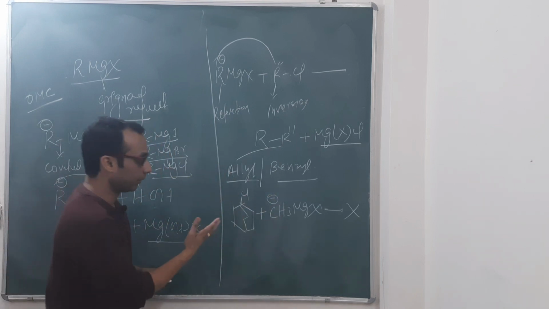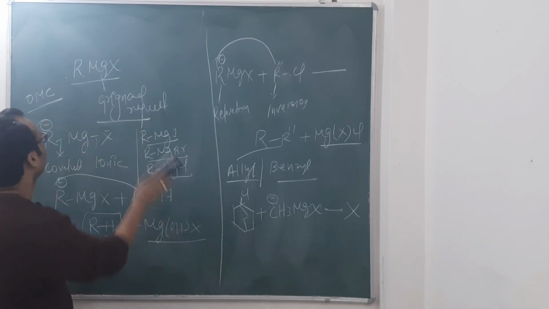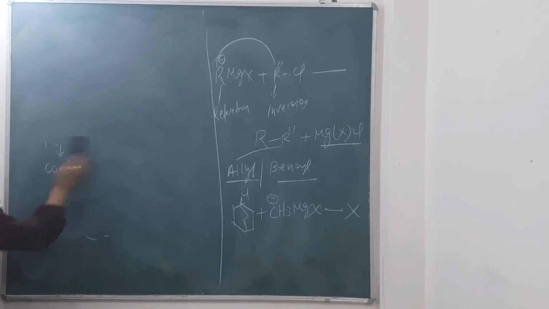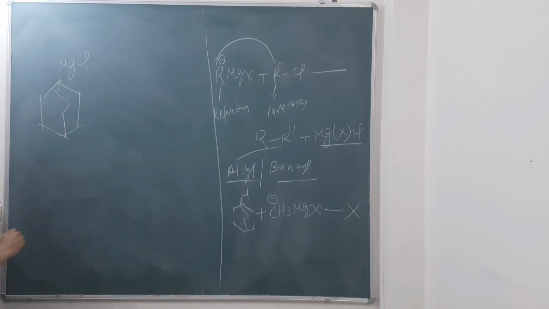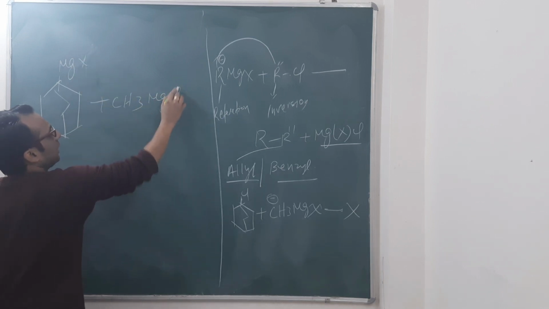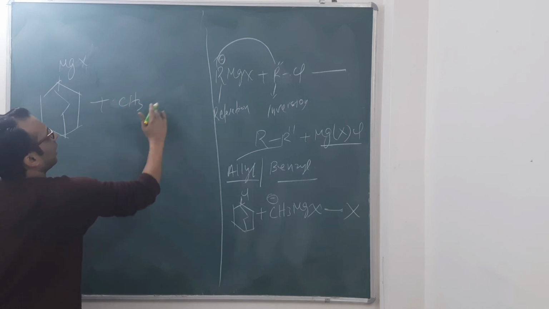Okay. Now the next point is, instead of the chlorine at the bridgehead, suppose we take it on another position, and I have taken CH3MgCl. Sorry, here is the CH3 and Cl.